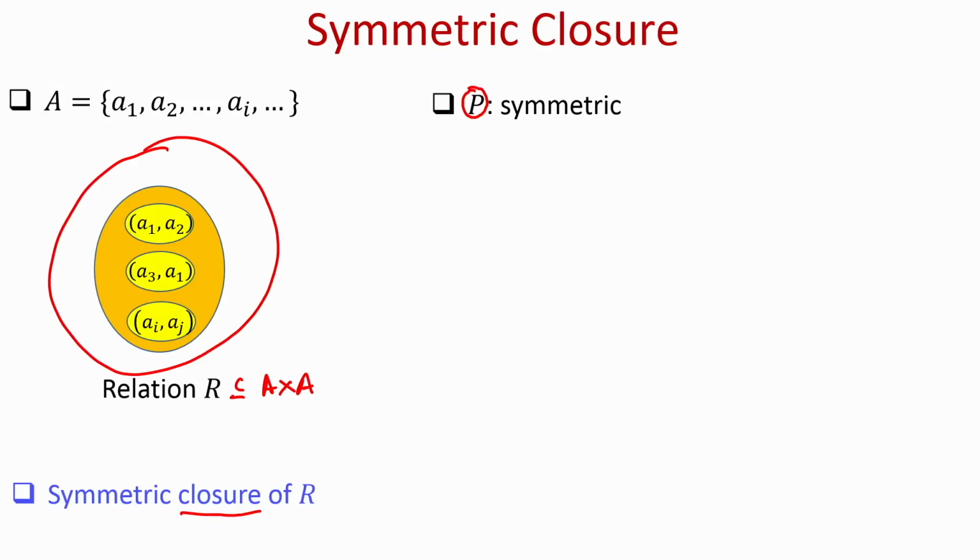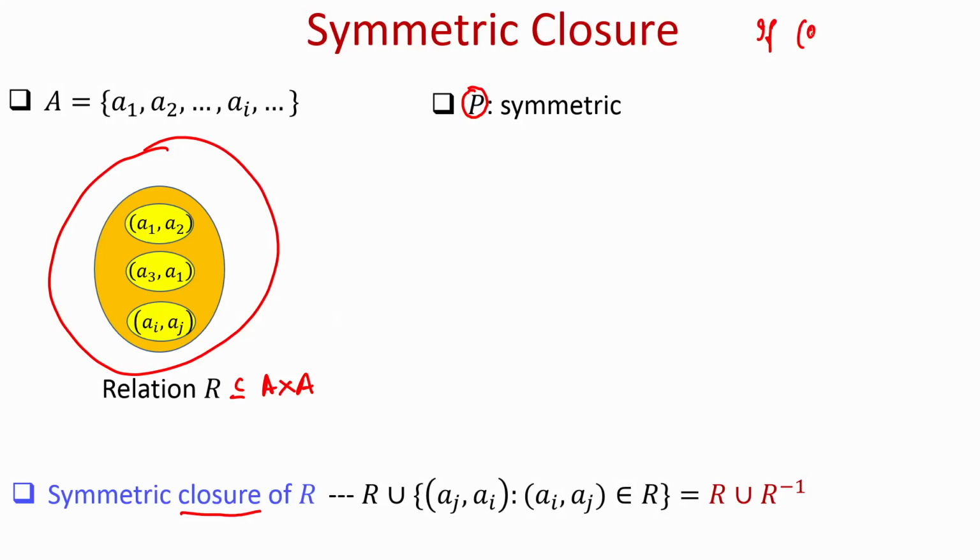So, how do I form the symmetric closure? If you recall the property of a symmetric relation, the requirement is that if (a_i, a_j) is present in R, then I need the guarantee that (a_j, a_i) should also be present in R. This is the requirement from a symmetric relation.